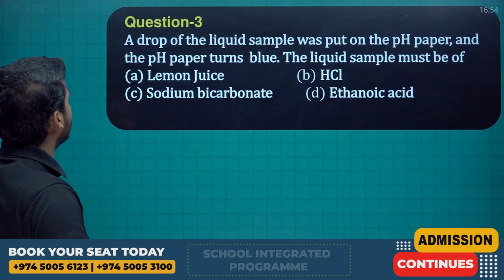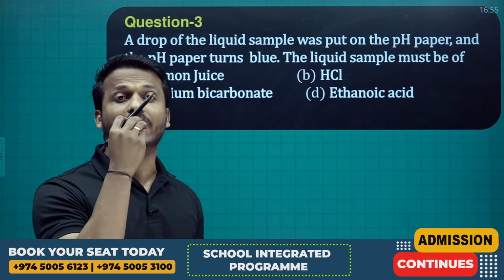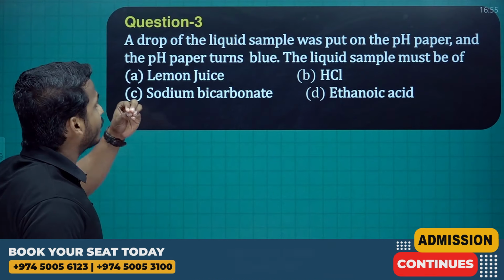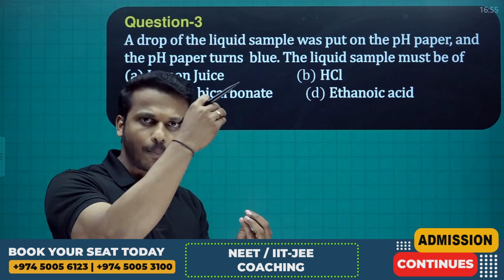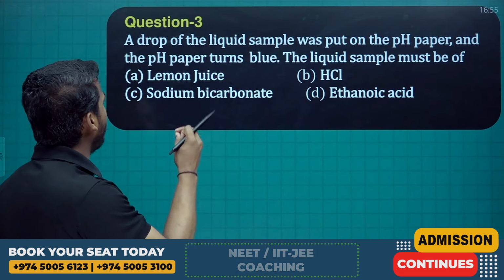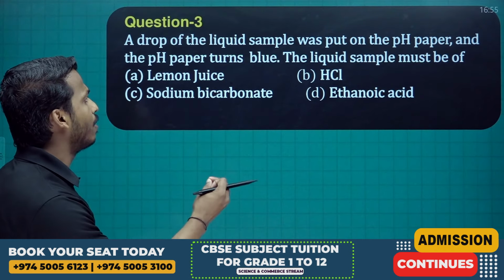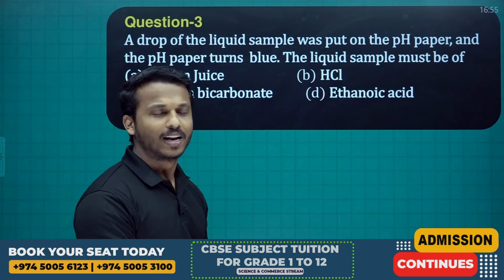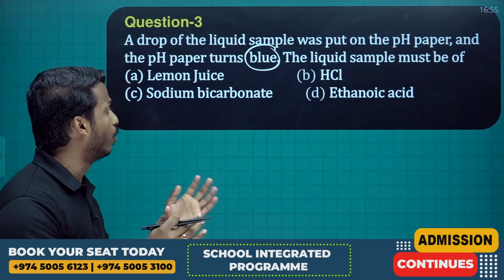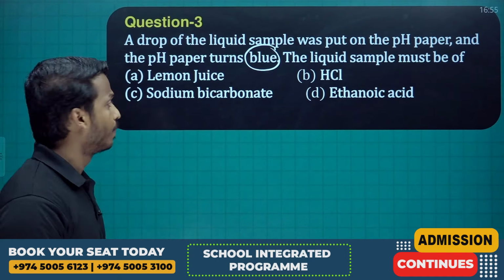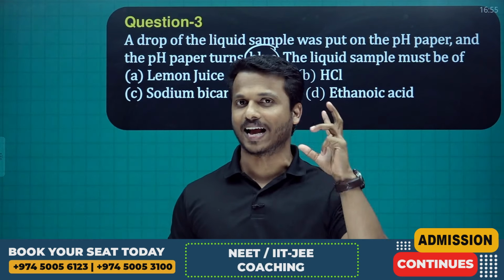Okay. Next question, question number 3. You should read the question carefully, my dear. A drop of the liquid sample was put on the pH paper, and the pH paper turns blue. The liquid sample must be of.